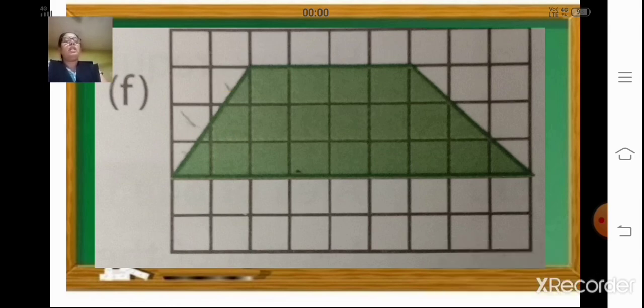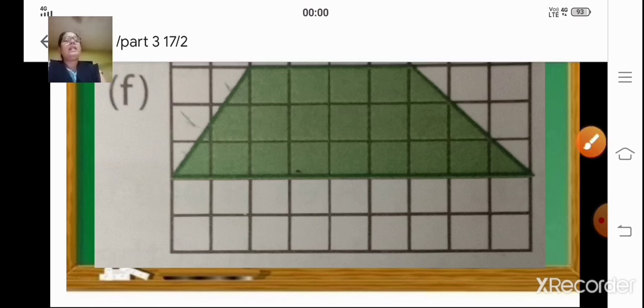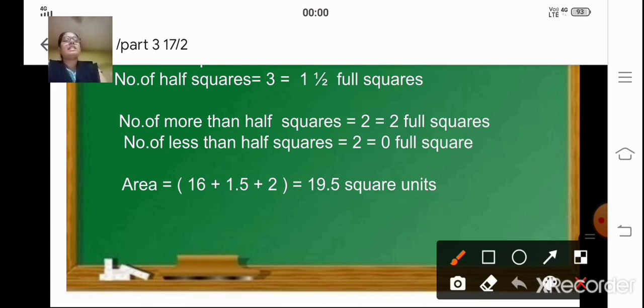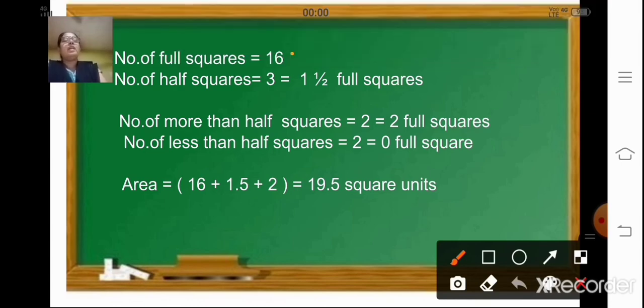So total, if we add it up, the number of full squares we got was 16. Yes, total number of half squares was 3, which when we calculated became 1.5 full squares. Number of more than half squares is 2. So if a square is covering more than half, we will take it as a full square.